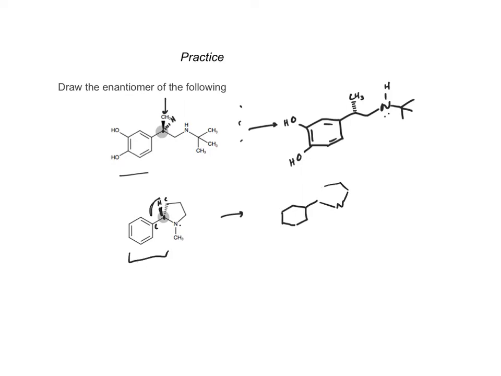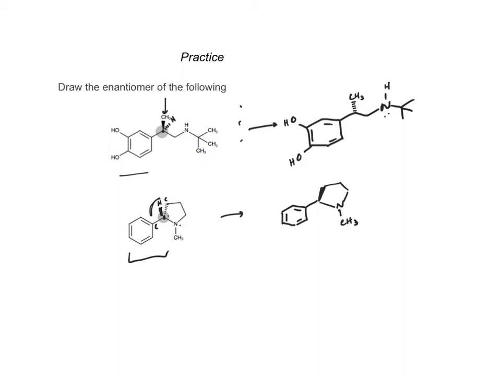Okay, so I'll go ahead and fill in everything else. Again, this is our chiral center. In our original molecule, it had that ring going into the board. So in the enantiomer, that ring is going to come out, right? And we're going to draw that via a solid line here. This also has a methyl group.